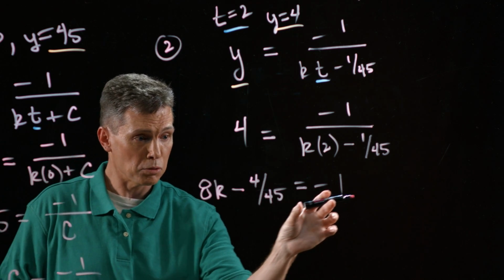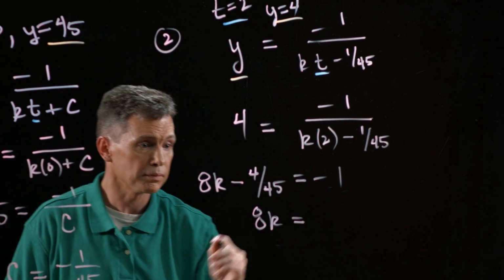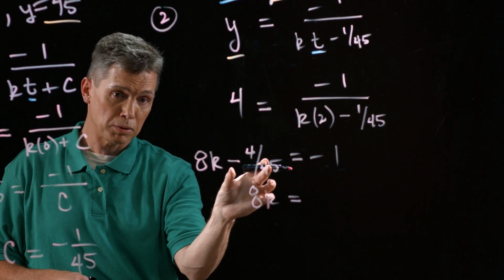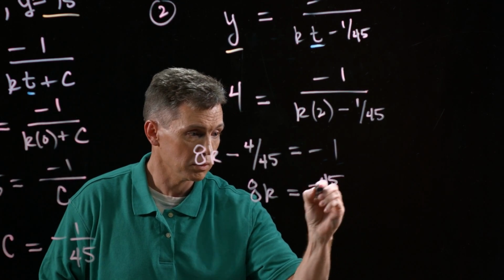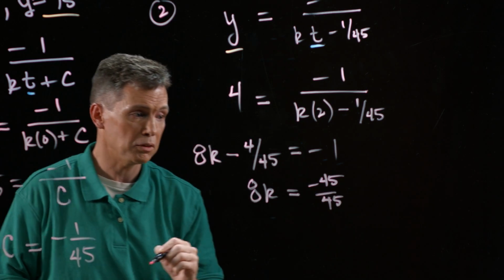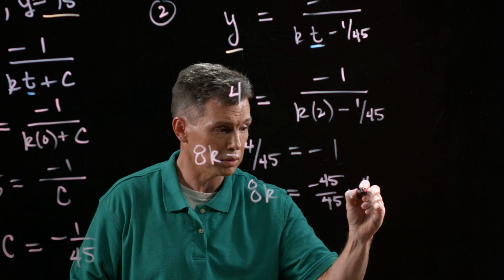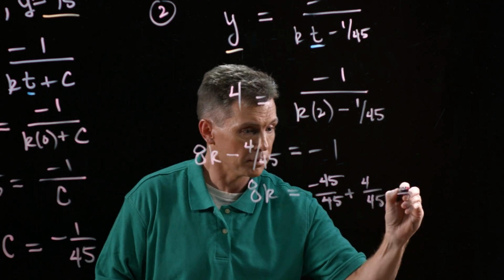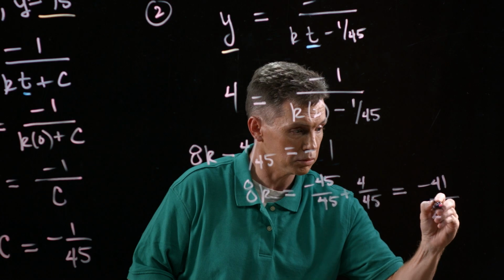So now I'll add the 4/45 over to the right. If I add 4/45, I have a negative 1 over there. If it helps, see that as negative 45 over 45, and we're adding 4 over 45. So this equals minus 41 over 45.